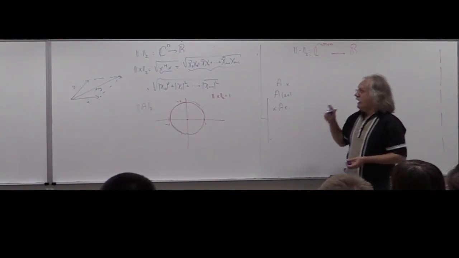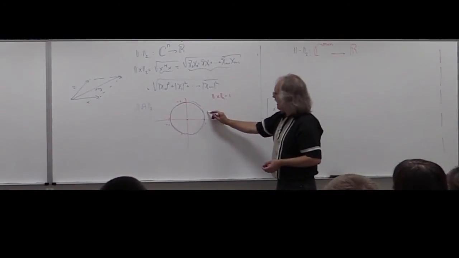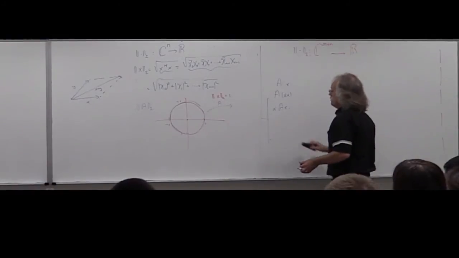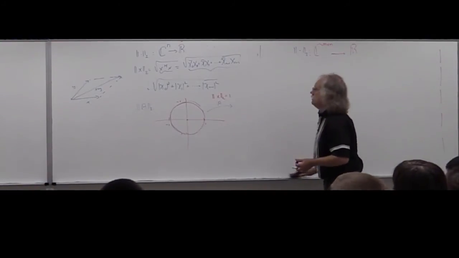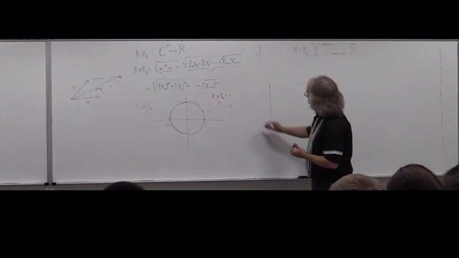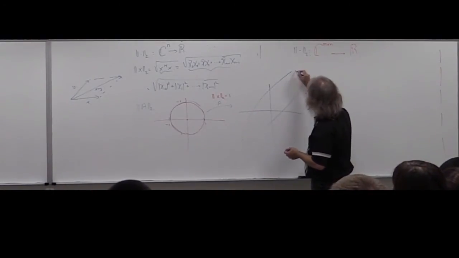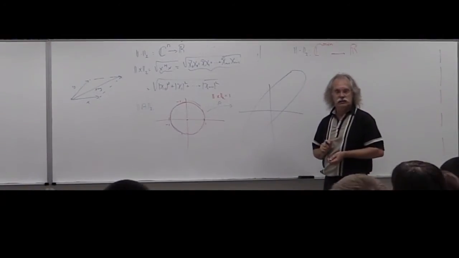Okay. And what happens is that A takes the unit ball. Of course, in higher dimensions, this is a little bit harder to picture. But it takes that unit ball and it kind of makes it into an ellipse. Okay?